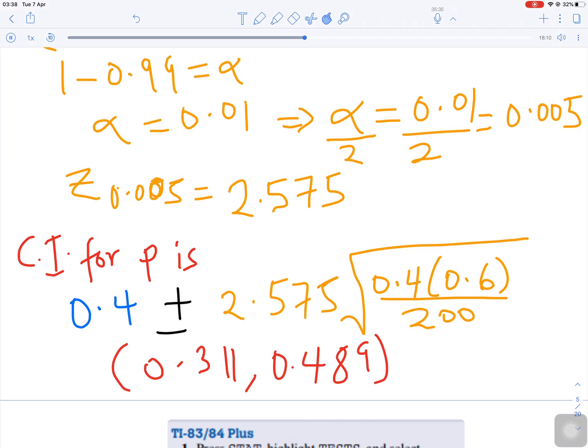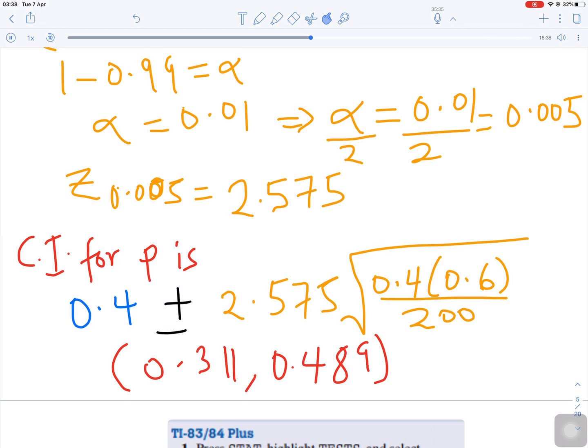Then when you add the margin of error to 0.4, that gives you 0.489. That gives you the upper bound. So our confidence interval for P, which is the population proportion, the parameter of interest, is 0.311, 0.489. So that is how we go about the process, from scratch.